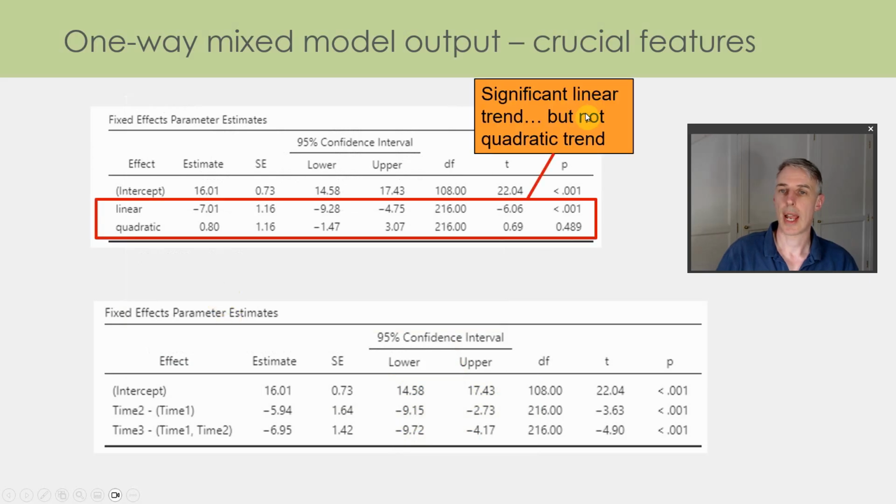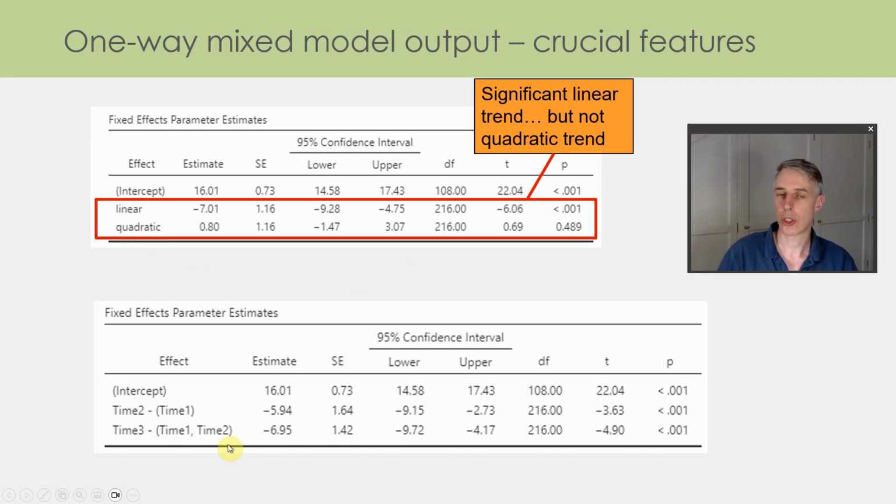That linear trend is highly significant. So it looks like the data fitted a straight line trend quite well, but the quadratic trend was not significant. That suggests that whatever the trend is across those 3 time points, it didn't involve a curvilinear effect.